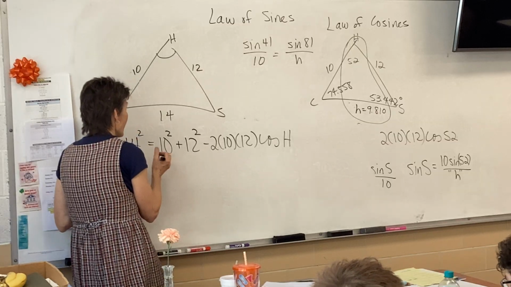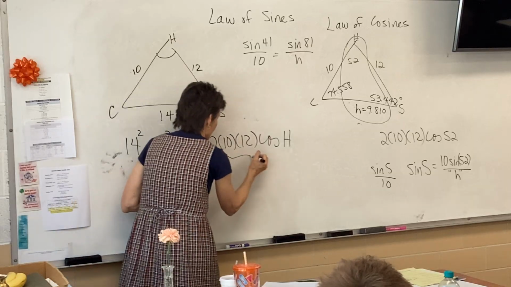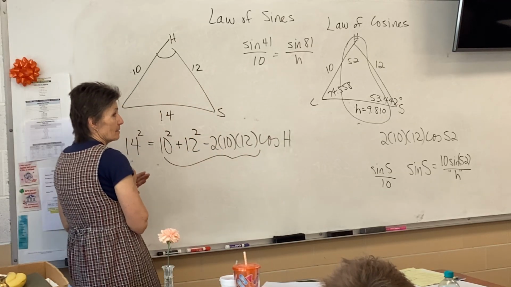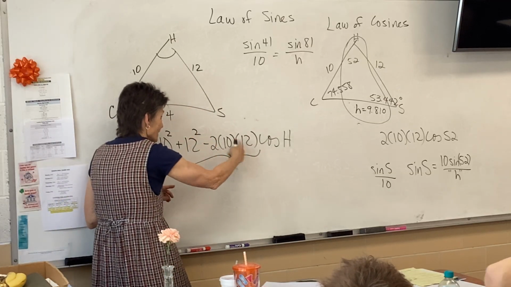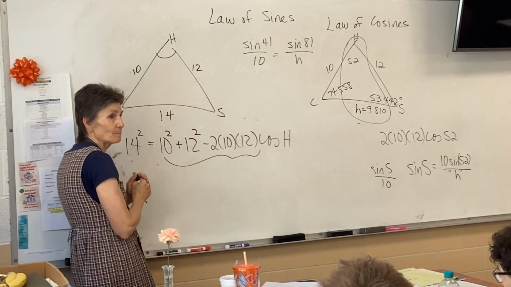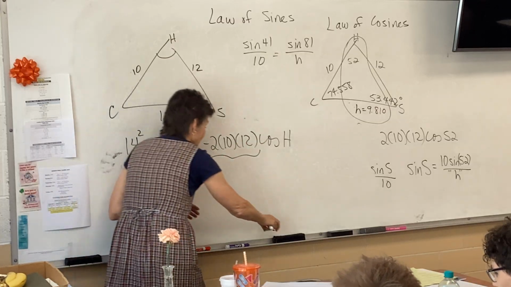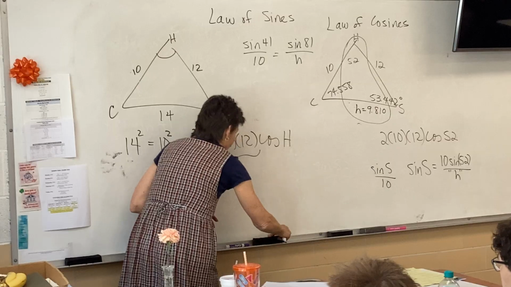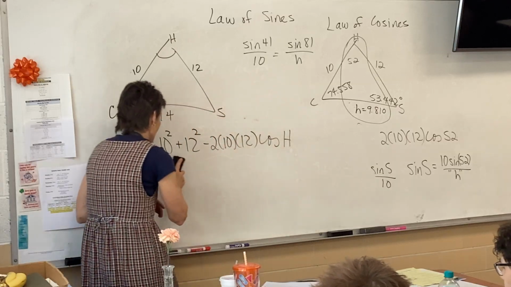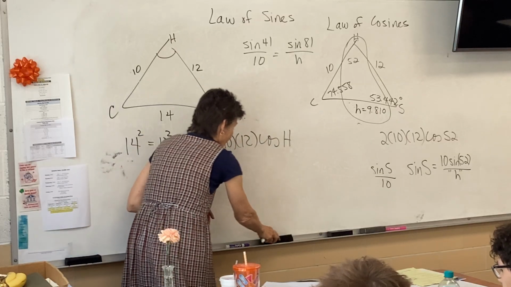You can't type all of this because this part of it is hooked to the cosine. So don't type all that in at one time. Let's see if you can figure this out. You've got to find the angle H.